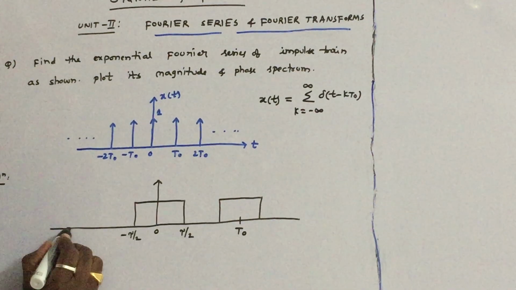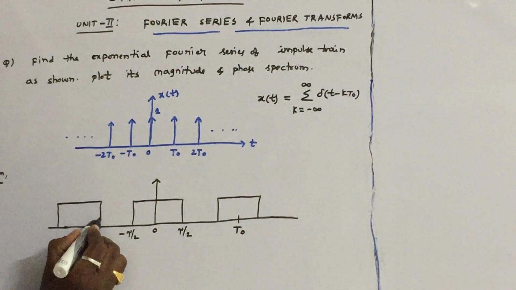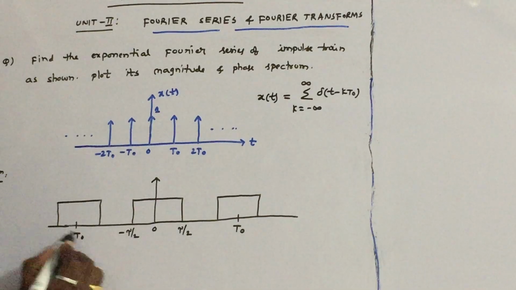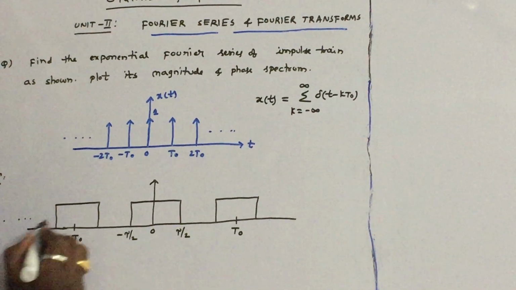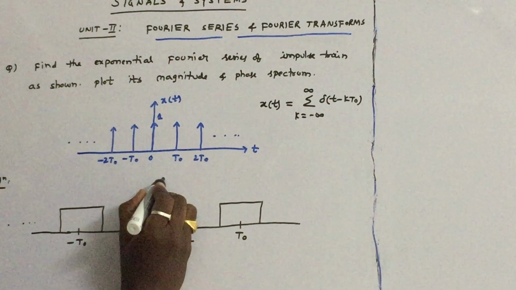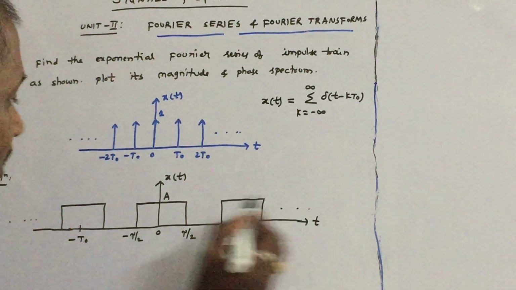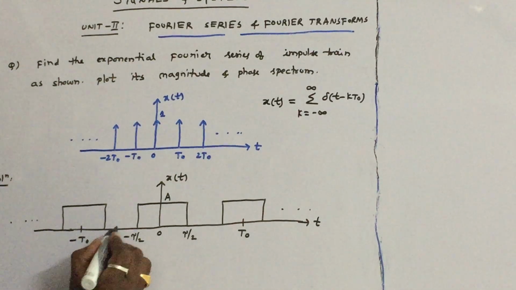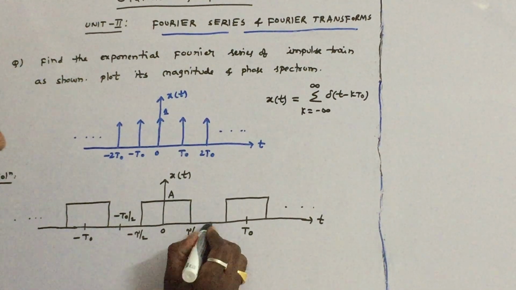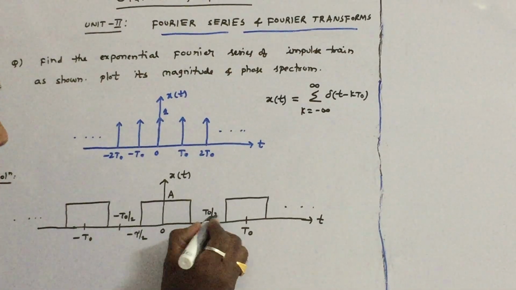Take another rectangular pulse, say this is minus t0. Let us say this is x of t versus t, extending on both sides. This is minus t0 by 2 to t0 by 2. So this is one period.